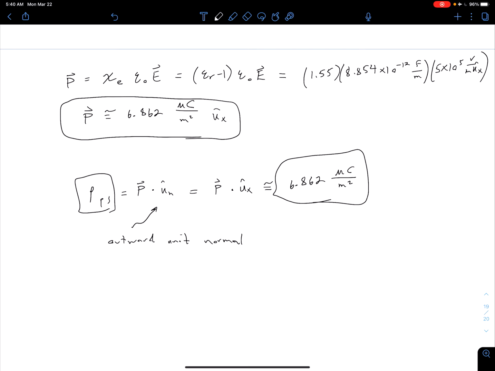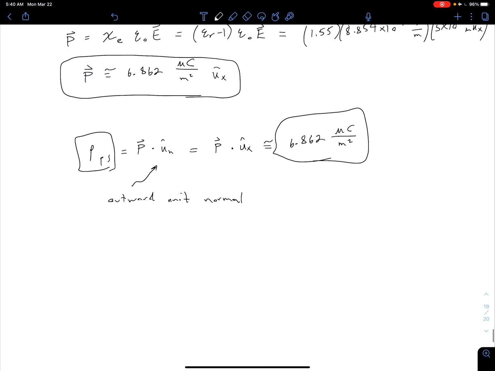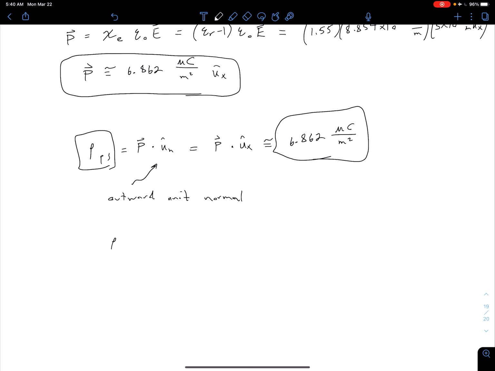If that was negative u of x, then rho p of s on that other side would be p dot negative u of x, which is just negative 6.862 microcoulombs per square meter.